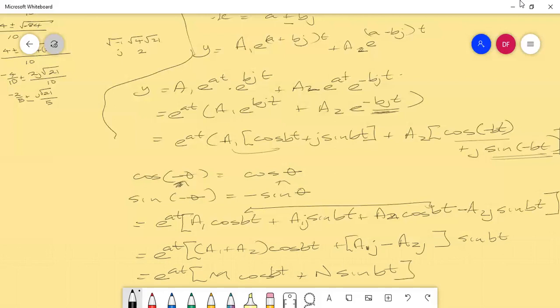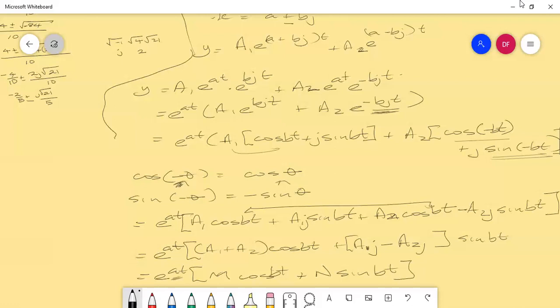So the whole idea is that if you have a complex number as your solution for k, then a is the real part.